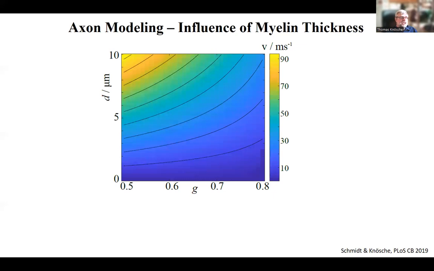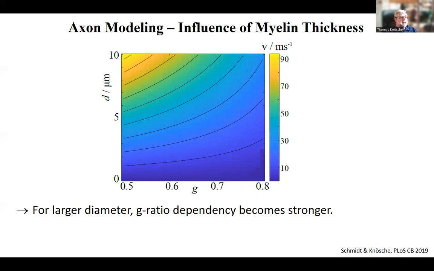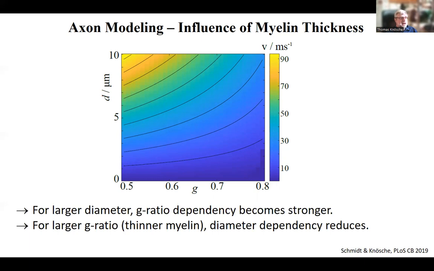But now the most interesting parameter, the myelin thickness or the G ratio. The G ratio dependence in turn depends on the diameter. The larger the diameter, the stronger the G ratio dependence, and the other way around, the larger the G ratio, that means the thinner the myelin, the less dependency we have on the diameter.